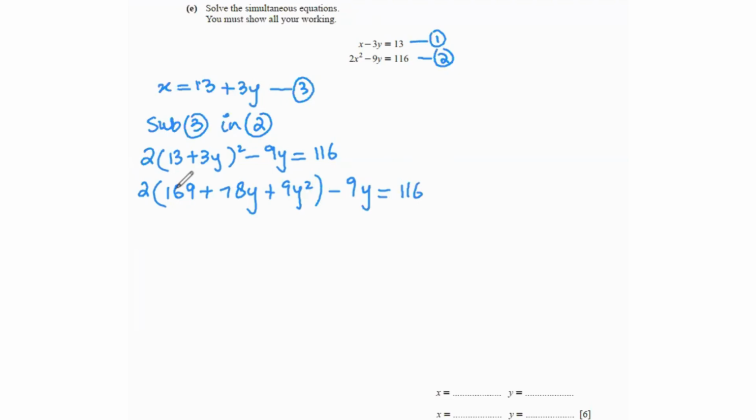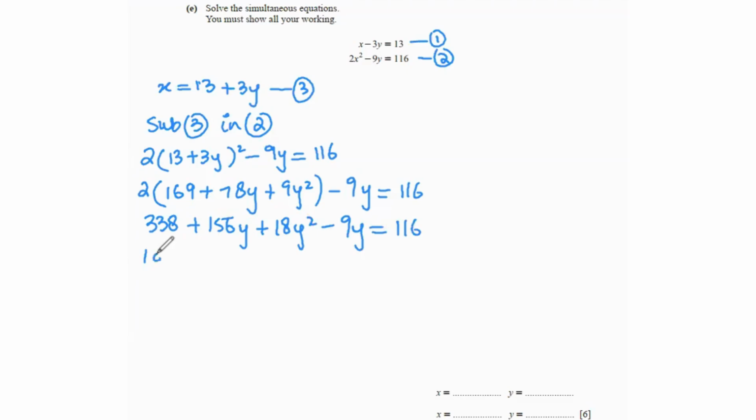Expand the bracket. So 2 times 169 is 338 plus 2 times 78, 156y, plus 18y squared minus 9y equals 116.